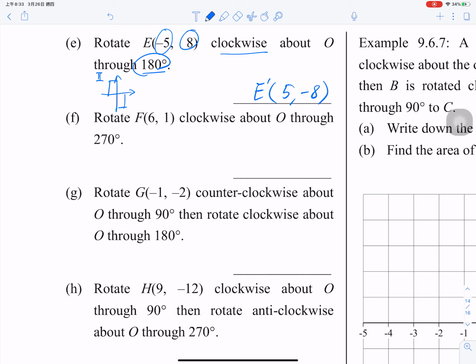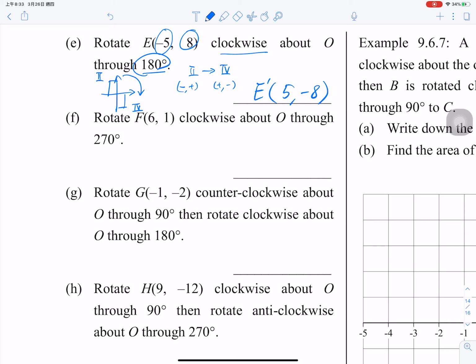Not this direction, it should be this direction. However, it is just the same, because it is 180 degrees. Clockwise 180 degrees, so it becomes quadrant 4. From 2 to 4, negative, positive becomes positive, negative, right? The length and the width of the rectangle do not change.